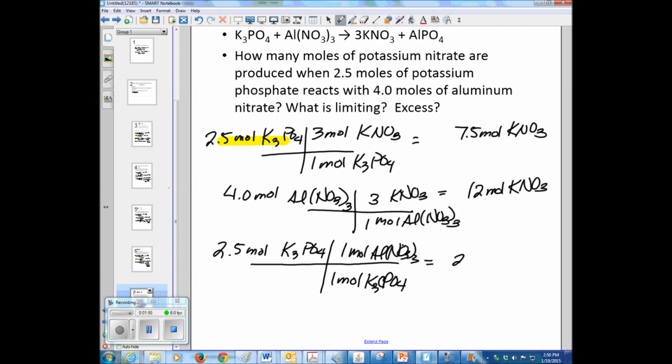So we'll use 2.5 moles of our aluminum nitrate. How many did we start with? We started with 4 moles. 4 moles minus 2.5 gives us 1.5 moles left over.